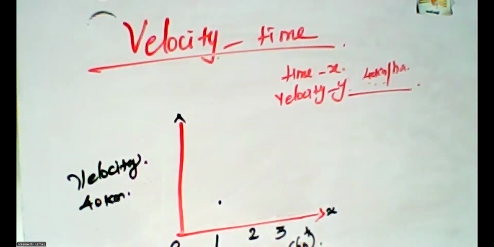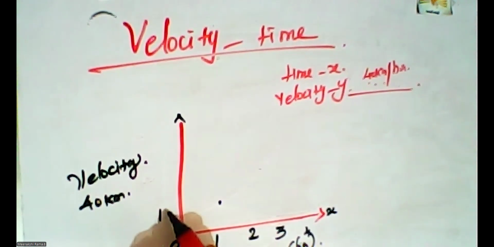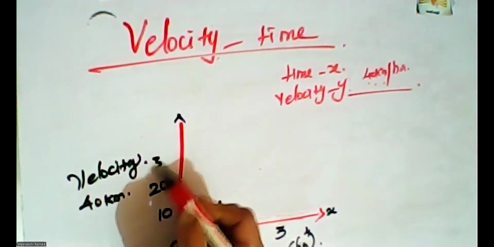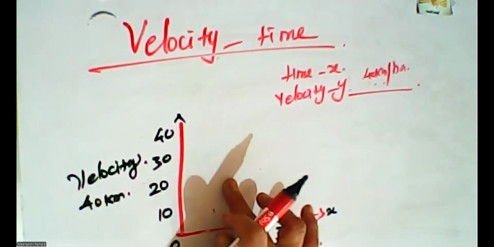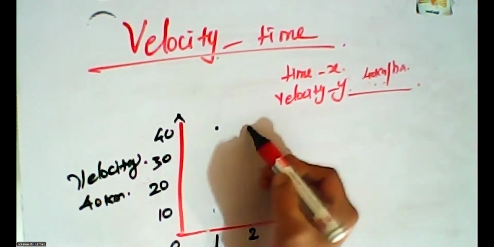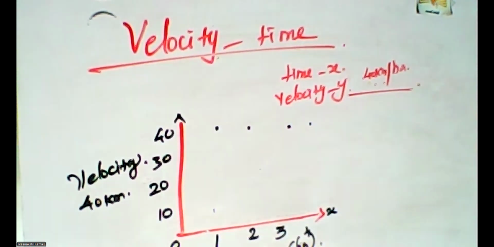And then in the second hour, the same 40 kilometers. And in the third hour, he crossed the same 40 kilometers. That is 10, 20, 30, 40. Each and every hour he crossed only the same 40 kilometers. That is the velocity.